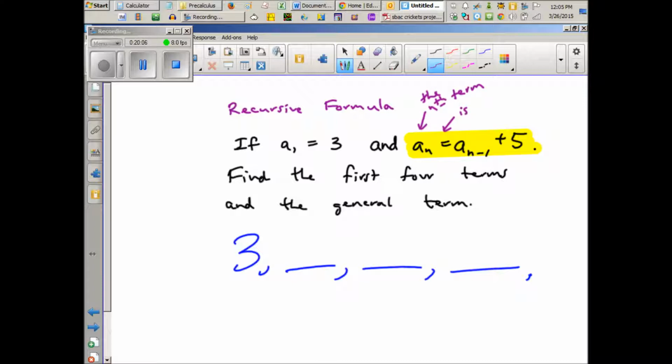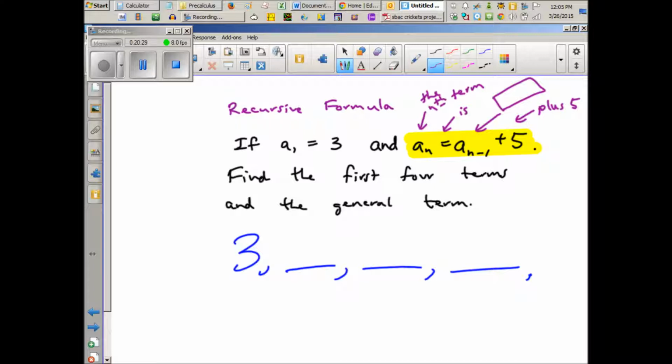How many of you knew that equals is pronounced is? 2 people here knew that. Oh, wow. This part, what does that mean? This is pronounced plus 5. So we're going to turn this into an English sentence. The nth term is something plus 5.